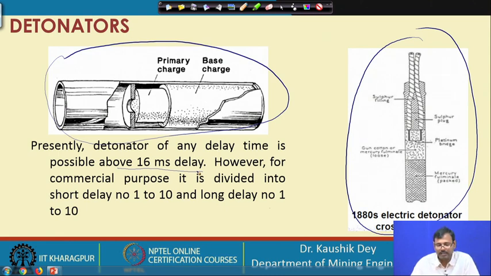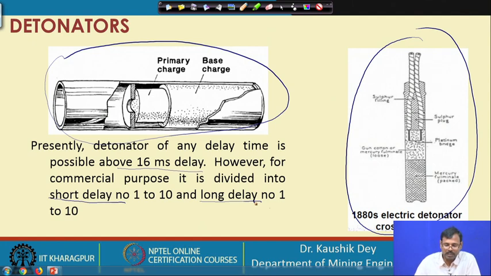So, commercially it is classified in two groups, one is the short delay group and another is the long delay group. The short delay group is basically considered as the delay where 25 millisecond and its multiplication by different numbers, 1 to 10, that much delay is possible.